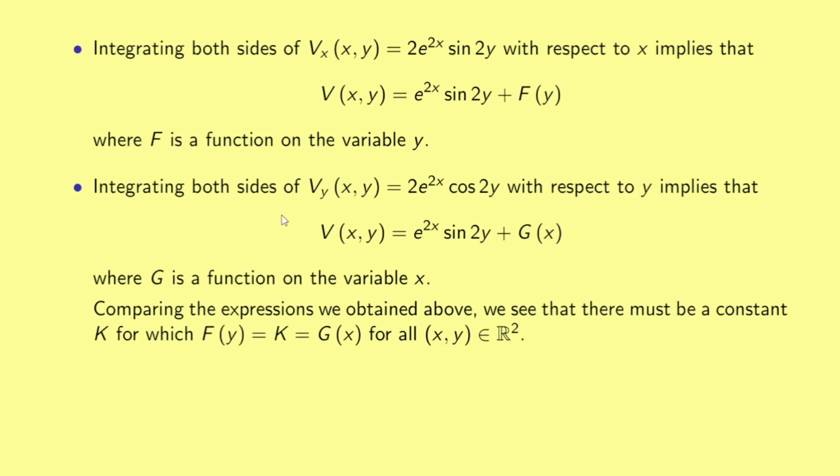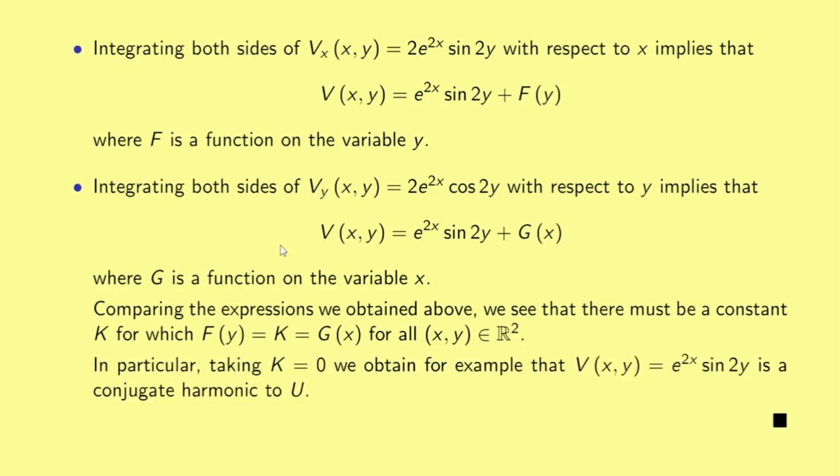With this, we get all the conjugate harmonics of u. But the problem asks us to find just one, so we take the simplest one. We take k equals 0. So if we take k equals 0, we get that v equals e to the power 2x times sine 2y is a conjugate harmonic to u.